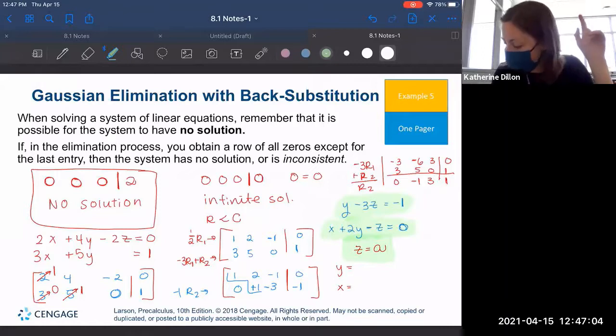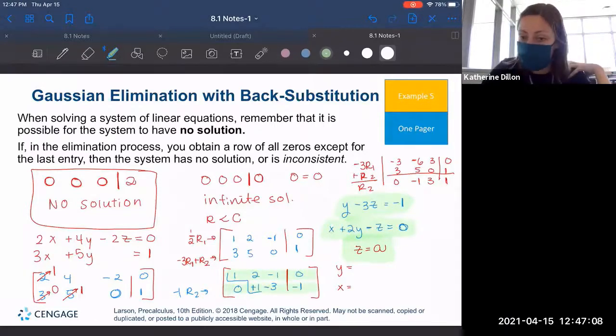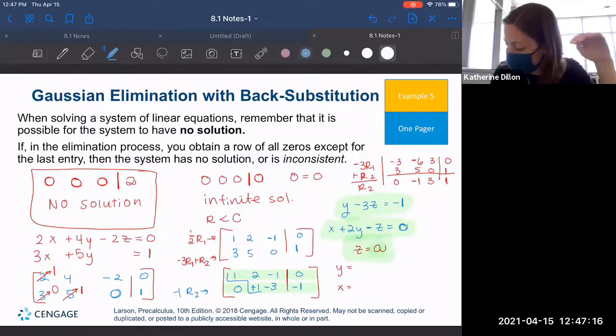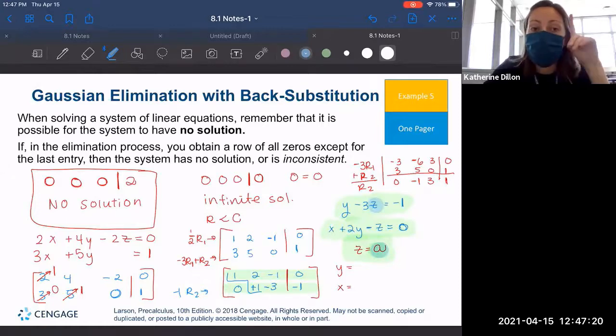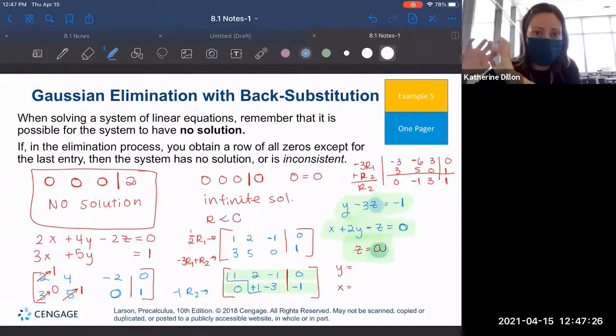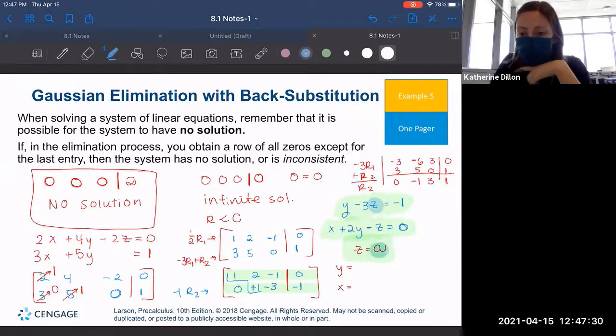So once we get to a point like this in our matrix where we can't go any further, we need to set z equal to a. Then we plug in that a for z into the equation that has only y and z. And then I solve for y equals. So I move everything over to the other side until I have y equals. So that's your first step. Those of you who are still struggling, see if you can do that.